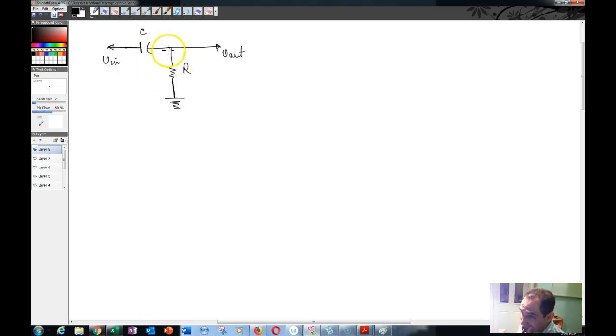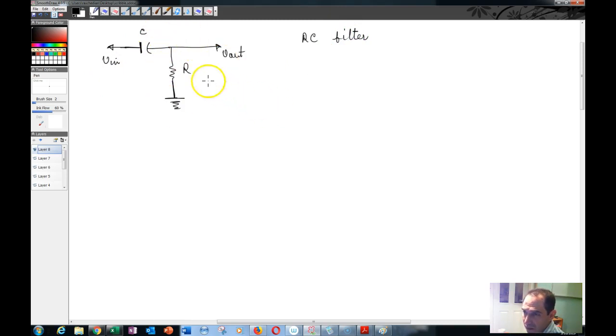So this is actually an RC filter, or basically, in short, it's a voltage divider.